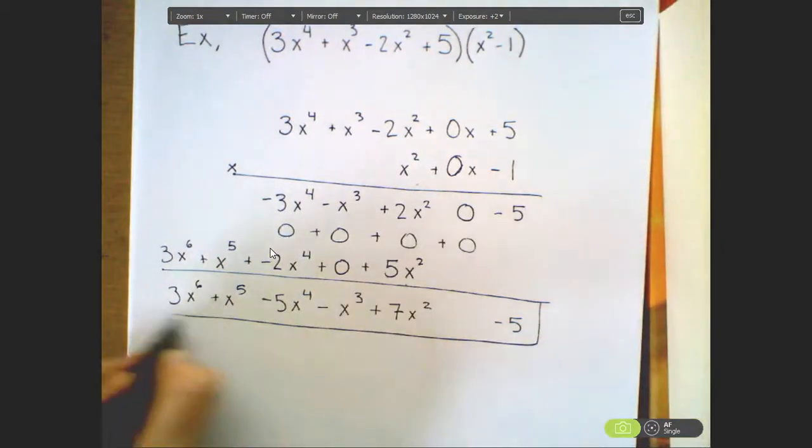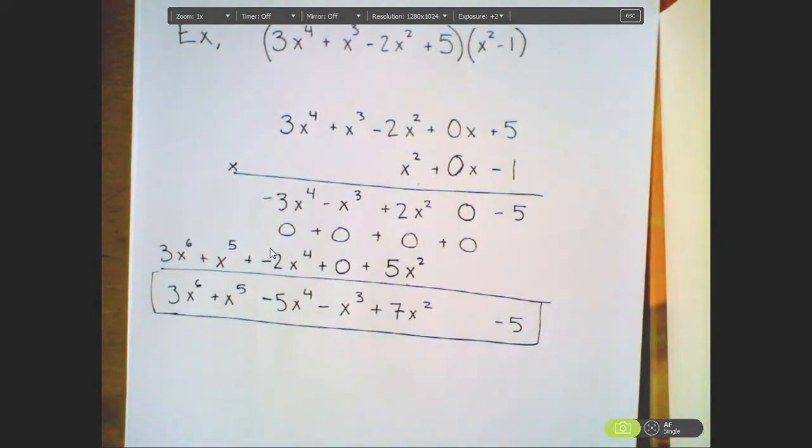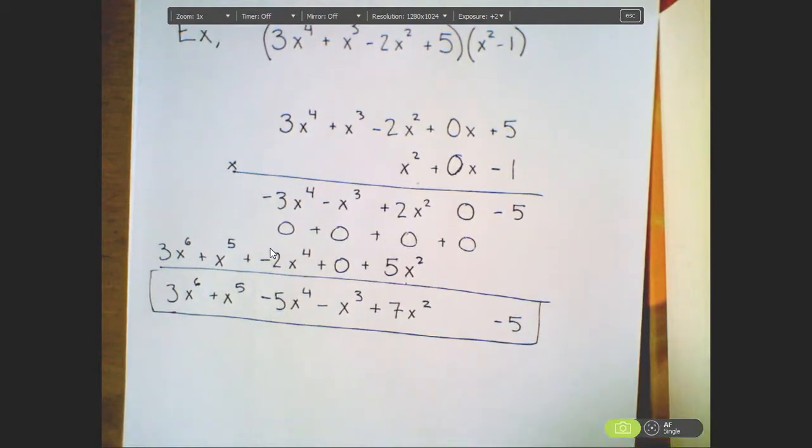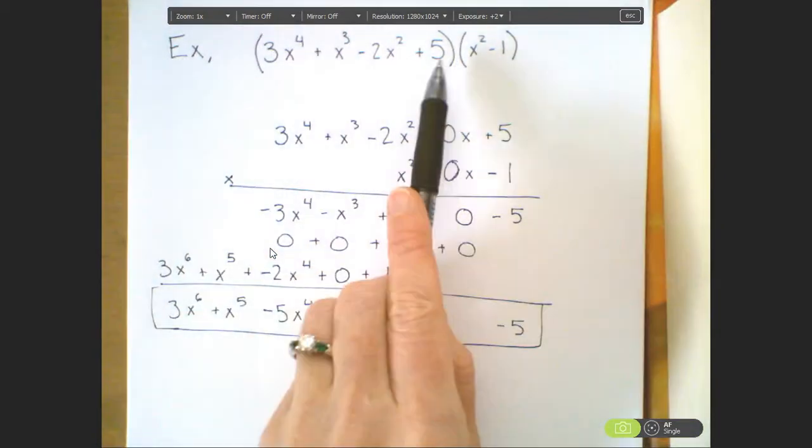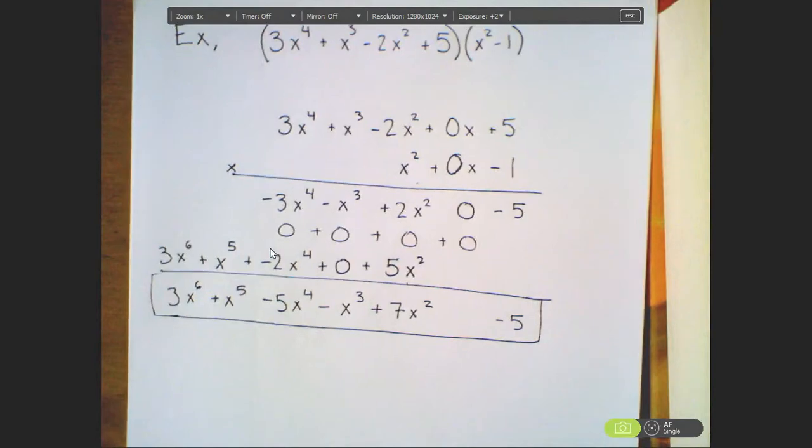And this is my final answer of polynomial multiplication. There's nothing new here. It's just one way to keep track of how this multiplication has taken place, so we make sure that every factor in this term is multiplied by every factor in this term.